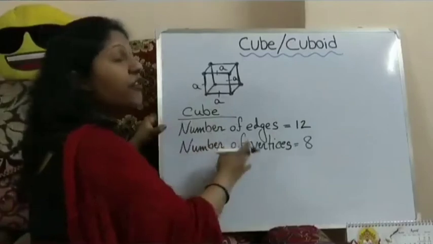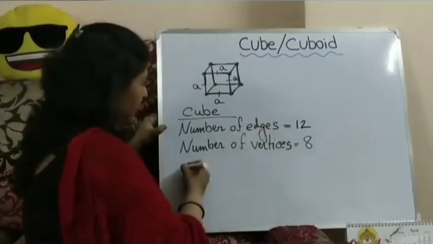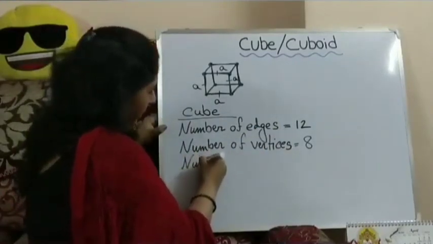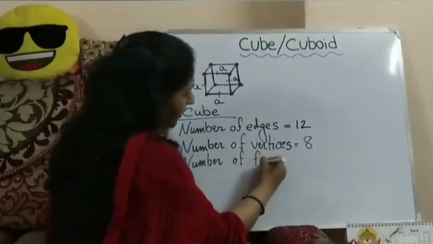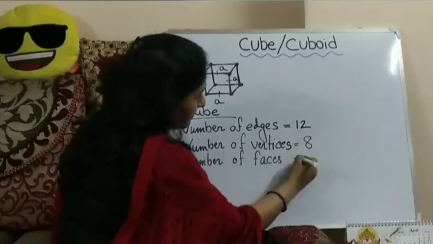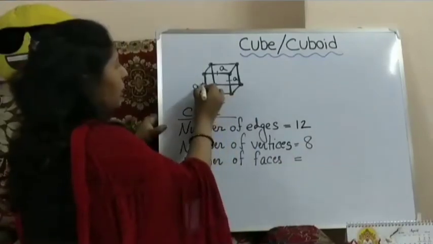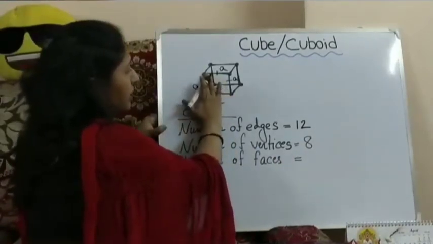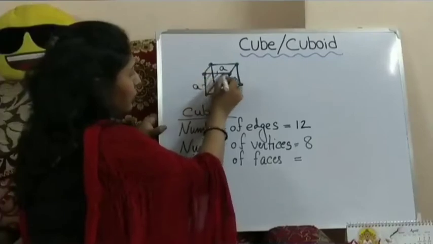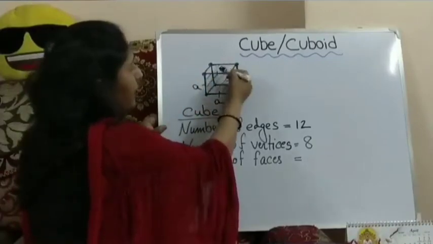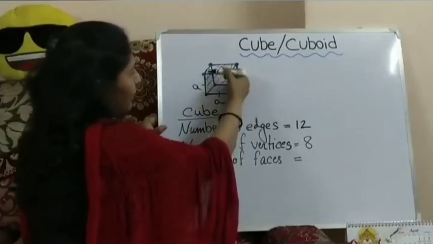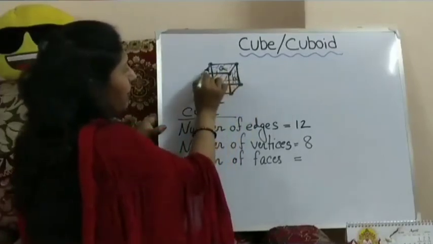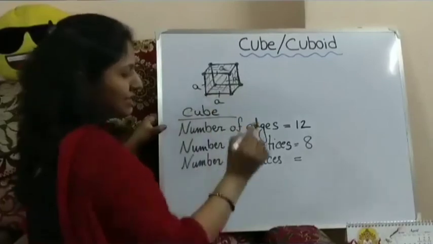So number of vertices are 8, and here number of faces means these things: 1 front, back 2, here 3, here 4, up 5 and down 6.